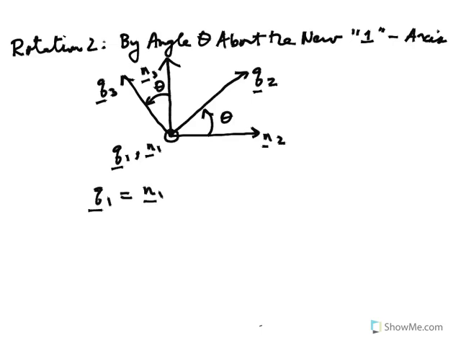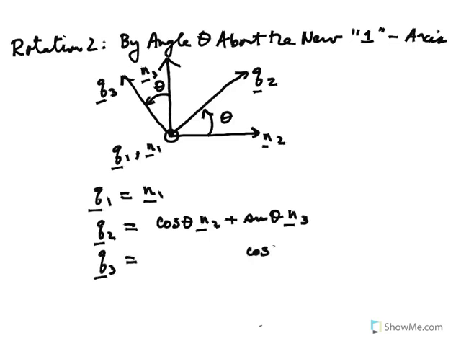It's just q1 is equal to n1. q2 is equal to the cosine of theta times n2 plus the sine of theta times n3. And then q3 is equal to cosine of theta times n3, and then minus the sine of theta times n2.